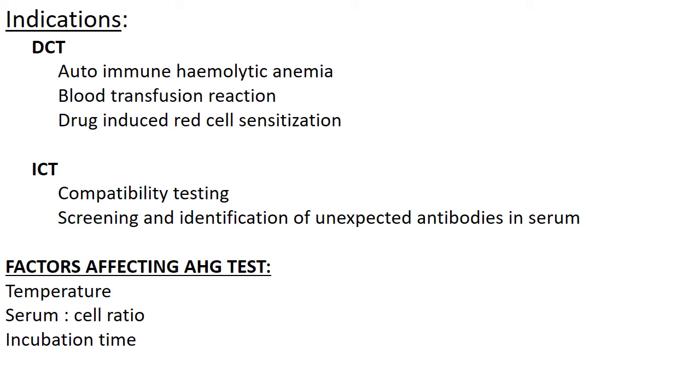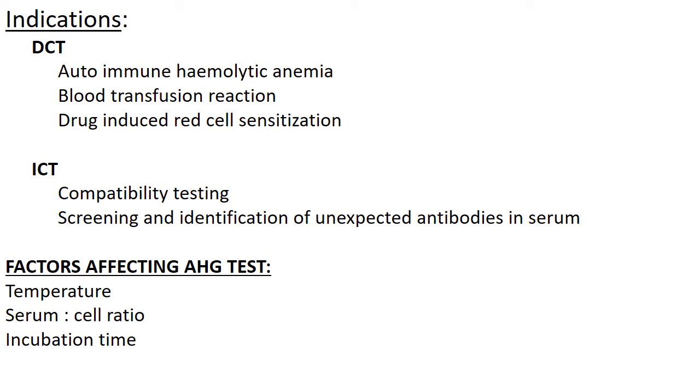Indications of the test. For the direct Coombs test, as told in my previous diagnostic test procedures, they are autoimmune hemolytic anemia, blood transfusion reaction, and drug-induced red cell sensitization. Indications for the indirect Coombs test are compatibility testing, and screening and identification of unexpected antibodies in the serum.